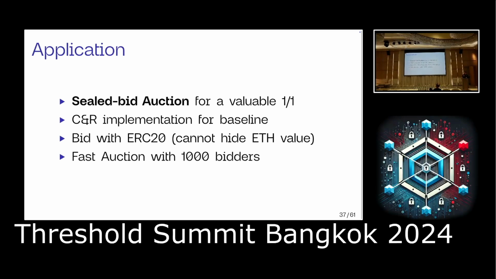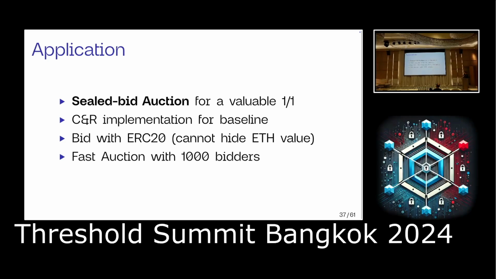The smart contract that we implemented on top of that is a simple auction for a very valuable 1 out of 1 NFT. You can imagine that. We have an implementation using traditional commit and reveal to be used as a baseline, and an implementation designed for delayed encryption.